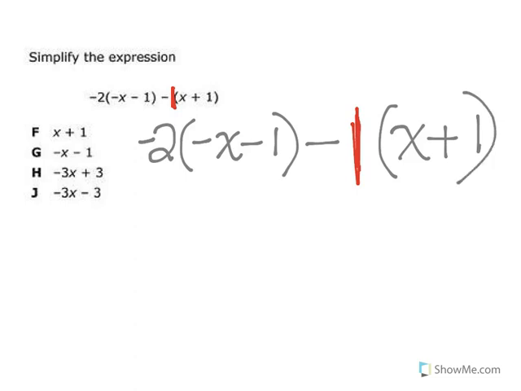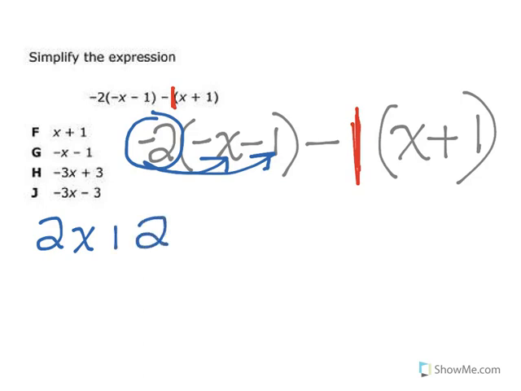So when I'm distributing, I need to make sure I'm taking the outside, which is how many groups there are, and multiplying by everything in each group. So -2 times -x is positive 2x. And -2 times -1 is positive 2.